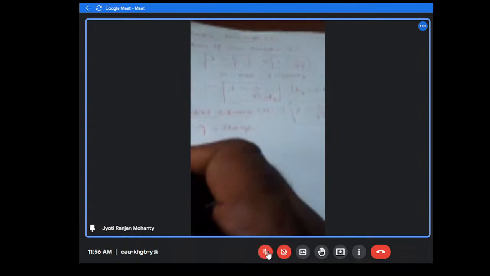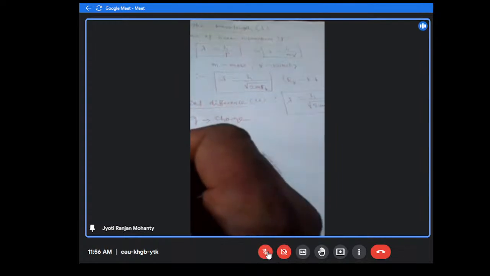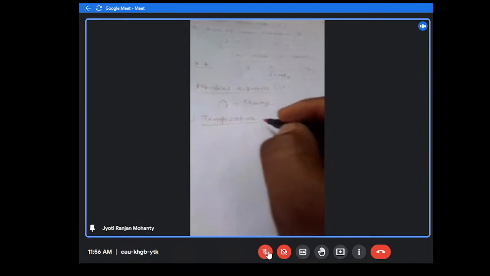Number 4, in terms of temperature. Be careful, the derivations are not required, but formula based questions will come.